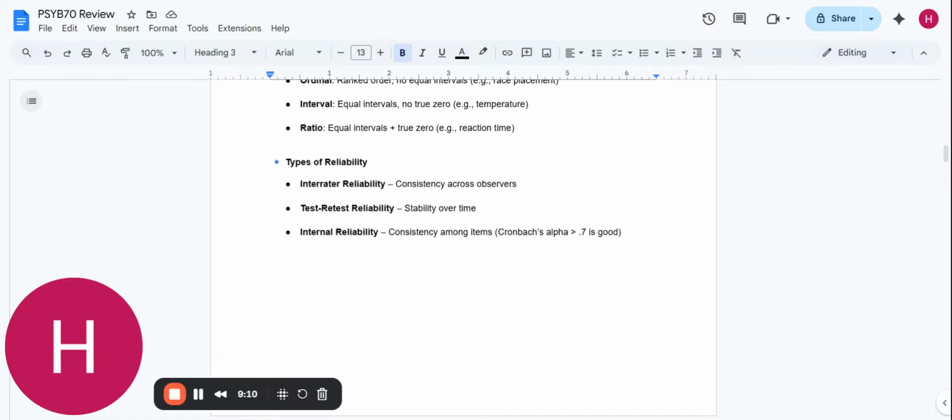And now, focusing on different types of reliability. Please make sure that you go through the different types of reliability and validity. That's very important, and you don't want to mix validity and reliability together. We have three different types of reliability. The inter-rater reliability, which is the consistency across observers. The test-retest reliability, which is the stability over time. And then the internal reliability, which means are the items on a scale actually consistent?